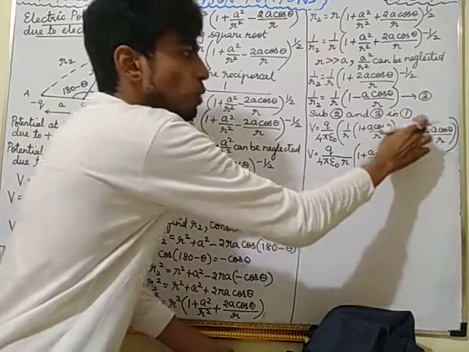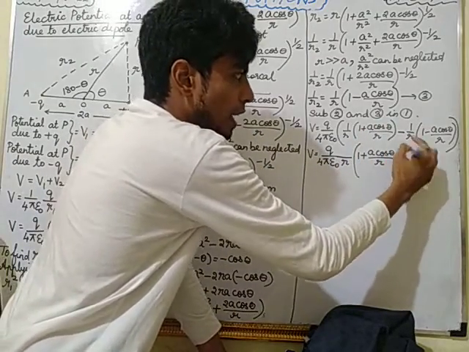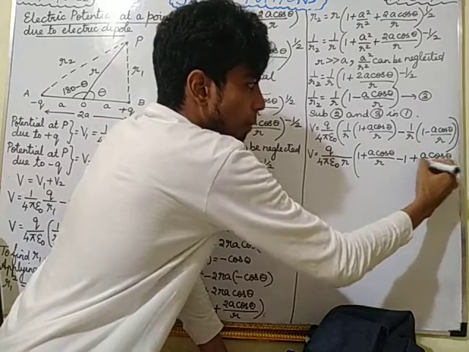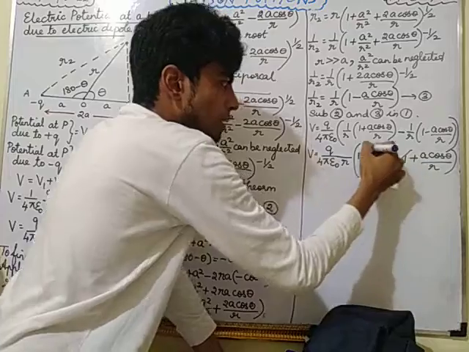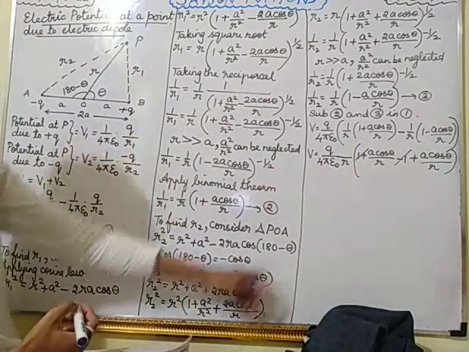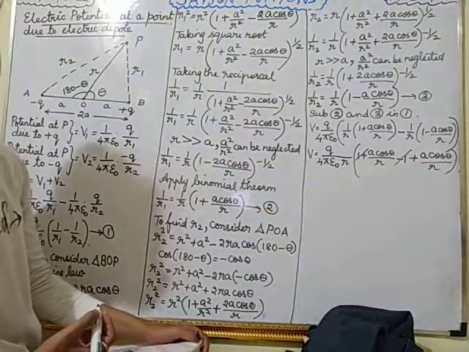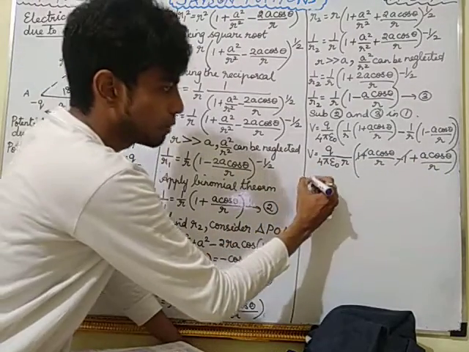Okay, minus, you multiply inside, minus 1, minus into minus plus a cos theta by r. So minus 1 plus 1 will get cancelled. A cos theta divided by r plus a cos theta divided by r will become 2a cos theta divided by r.